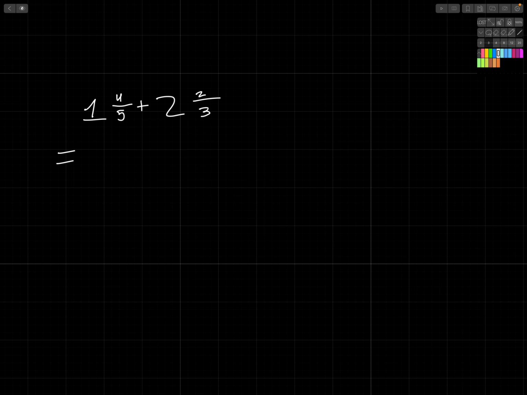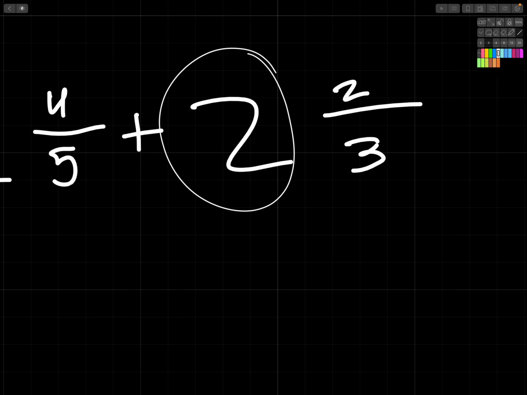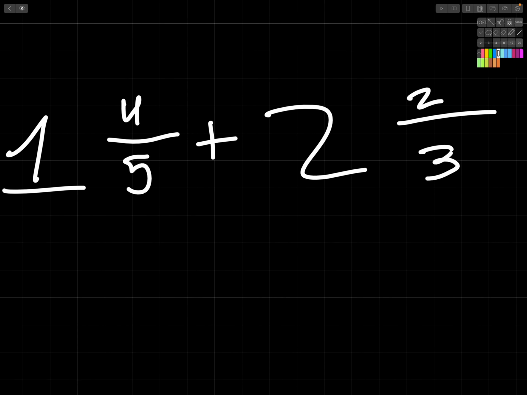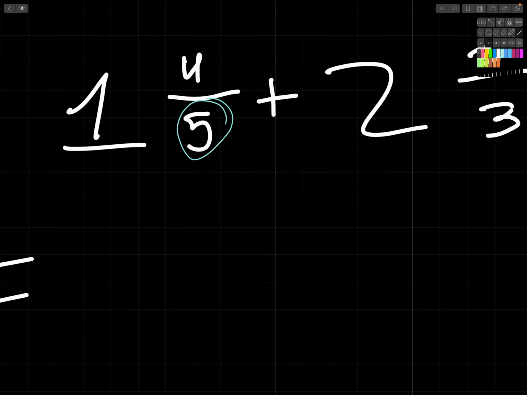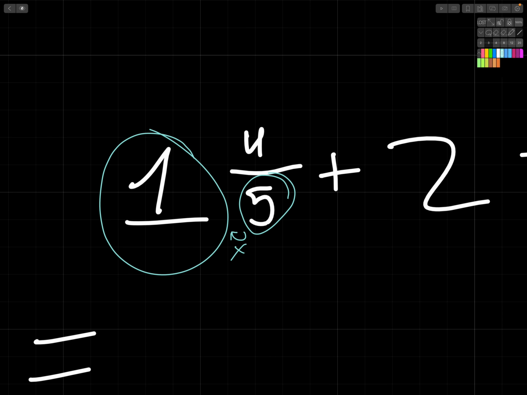So to convert mixed numbers, where we have a whole number and a fraction, what you do is first you look at the denominator, 5, okay, and then look at the whole number, the big number, 1. Now what you want to do is multiply them. So 5 times 1, that's 5. Now look at that 5 and look at the numerator, and just add them.